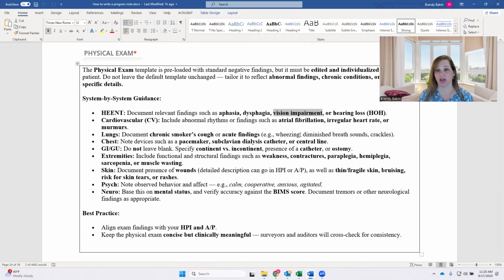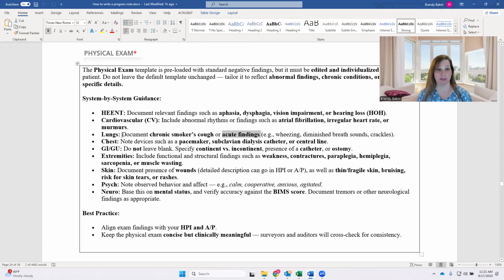Hearing loss, if they've got hearing aids, if there's an order to change out the batteries for the hearing aid, I'm expecting you to write hearing loss on there. There's a couple of choices for cardiovascular, adjust that as needed if you've got AFib. Lungs, if they're a chronic smoker or they have been and they've got that chronic cough, make sure you document that.